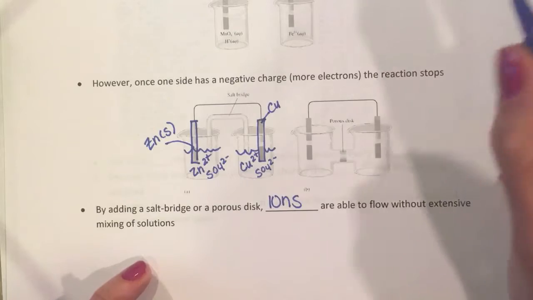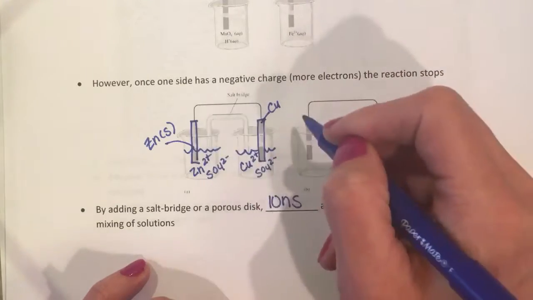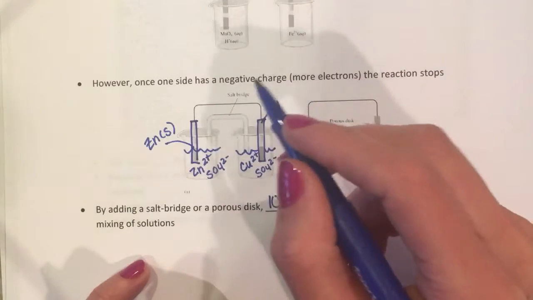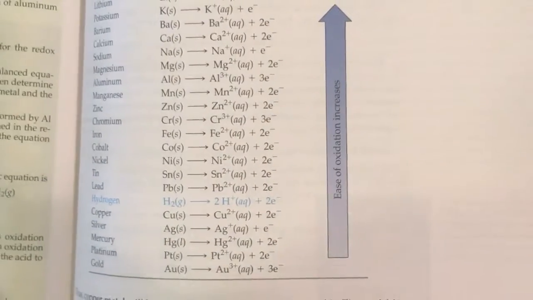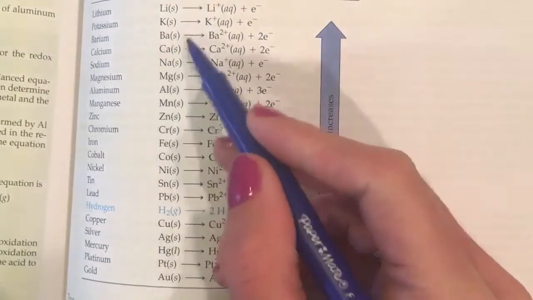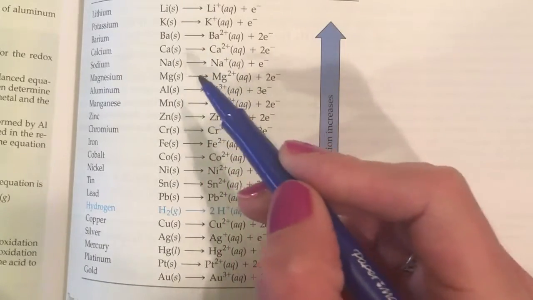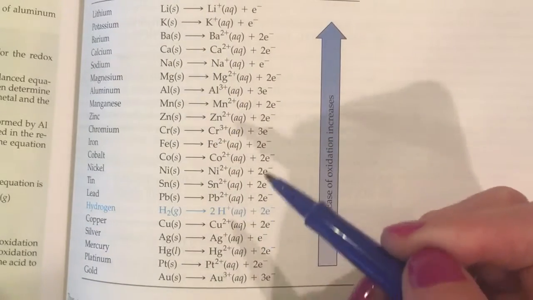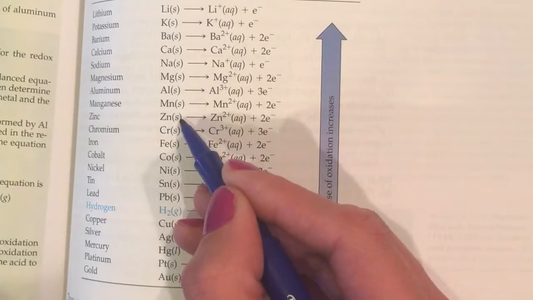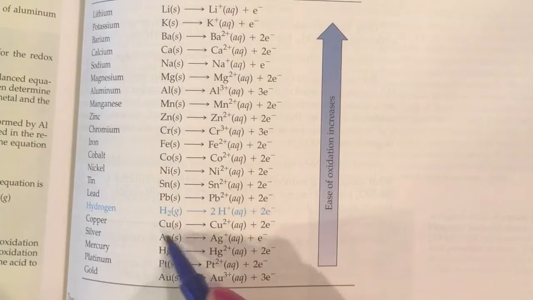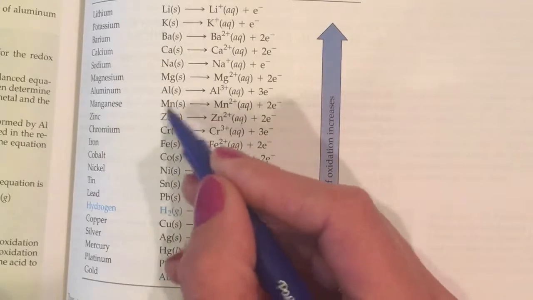Okay? Now, the way that I determine how the electrons move is by looking at the activity series. So we talked about this before. Here's our activity series. We said that if an element is higher, it is more easily oxidized. It loses electrons. So I've got zinc, which is here. I've got copper, which is here. Because zinc is higher, it wants to lose electrons.